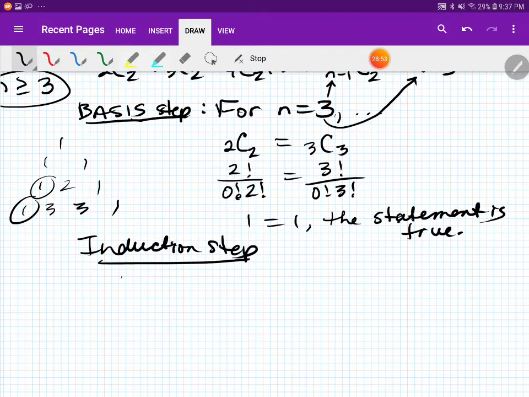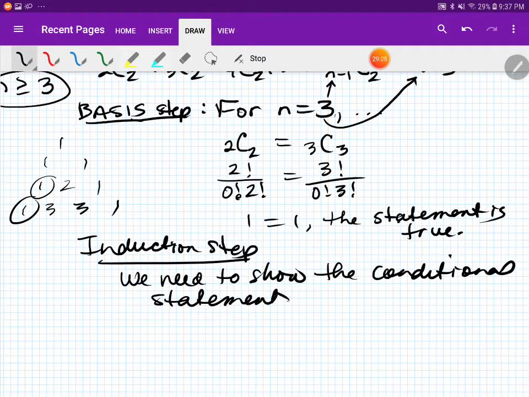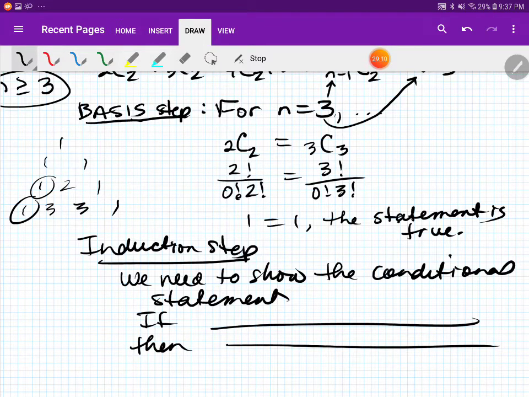Okay, so induction step. We need to show the conditional statement: if blank, then blank. What's my if blank?